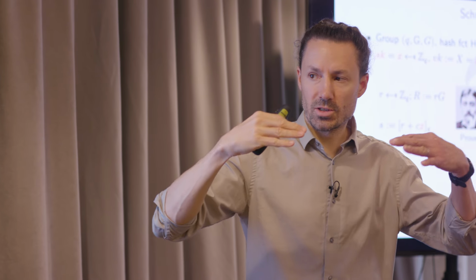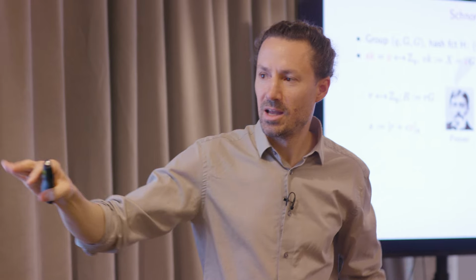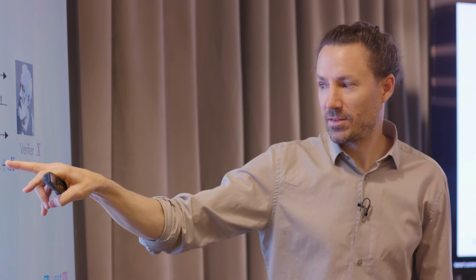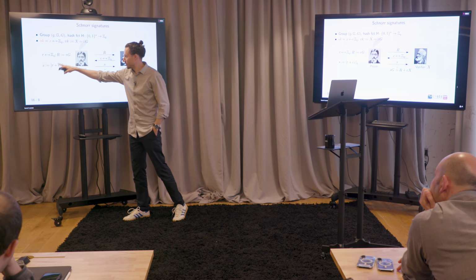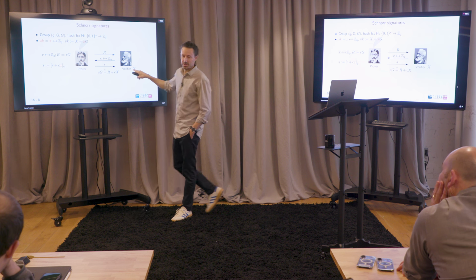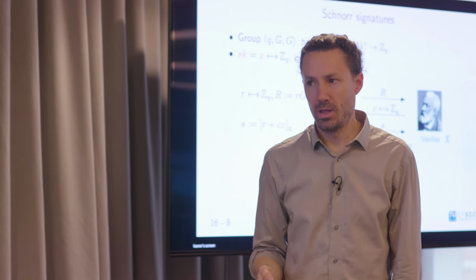It's basically check the equation in the exponent, right? So here we don't have exponents, but basically if you multiply this equation by the generator, you get that s times G equals little r times G, which is capital R, plus c times the key. And that's exactly how you verify Schnorr signatures as well.